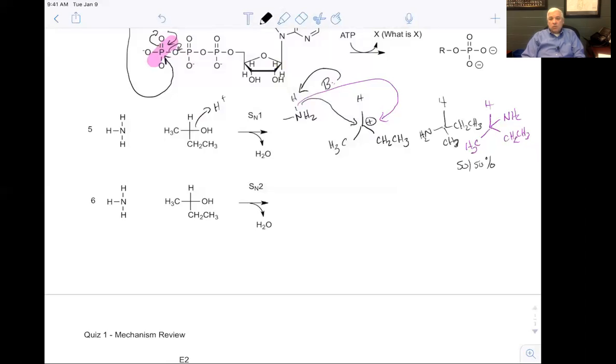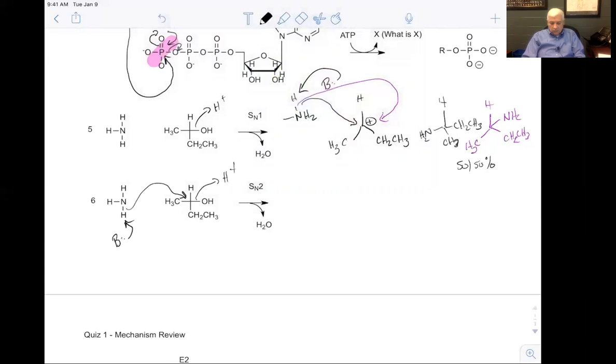Inside an enzyme, though, what we're going to do is retain only one of them. We will not get both. In an organic flask, you'll get both, a racemic mixture. In an enzyme, you're only going to get one, either the R or the S. Okay, in an SN2 attack, what we're going to see is the deprotonation, the attack, and the leaving group coming out.